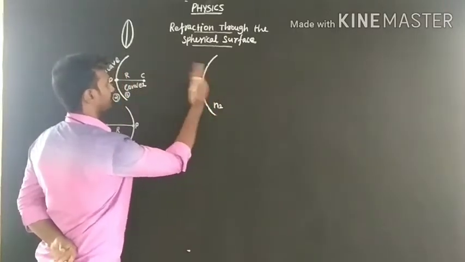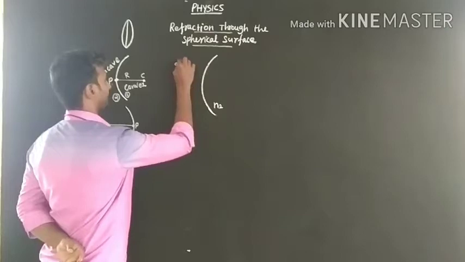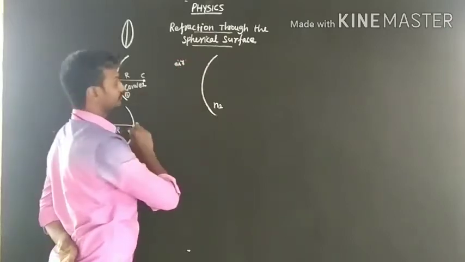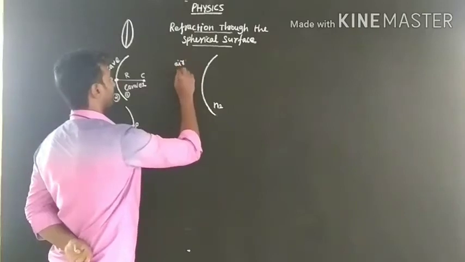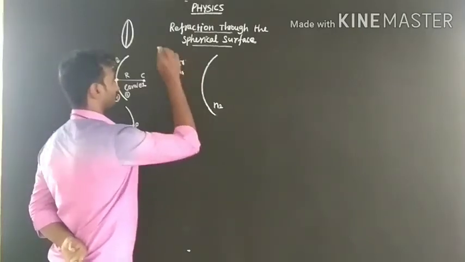The left hand side of the spherical surface is air, of refractive index n1.